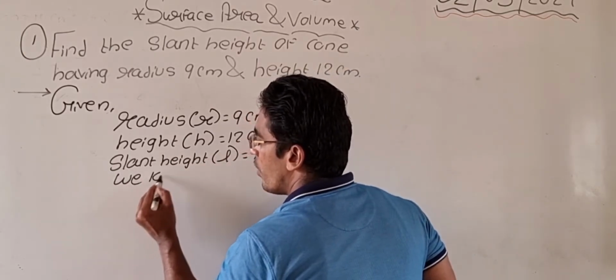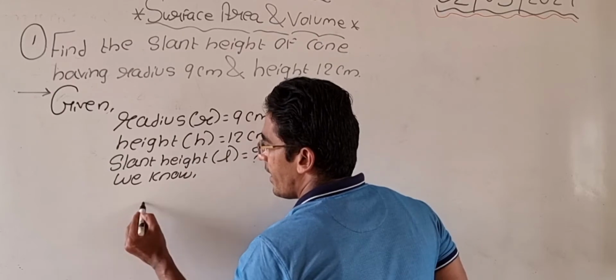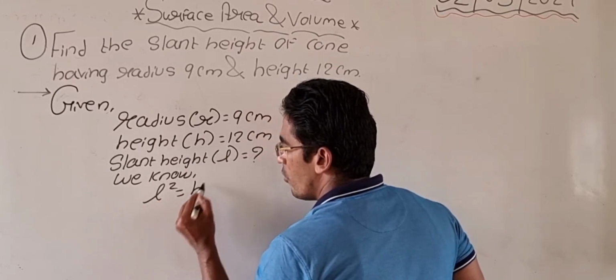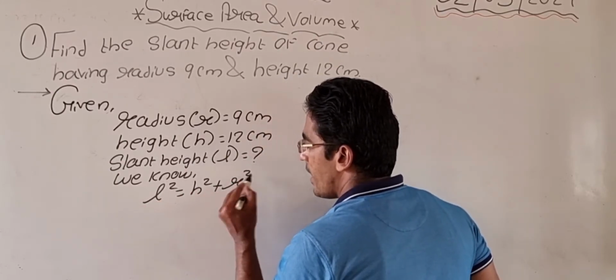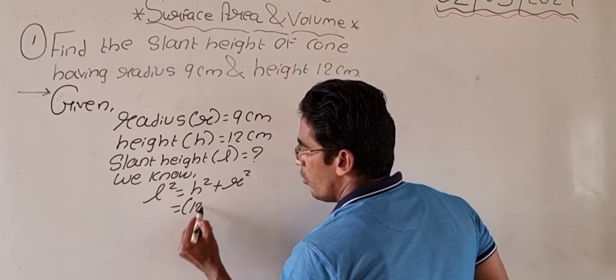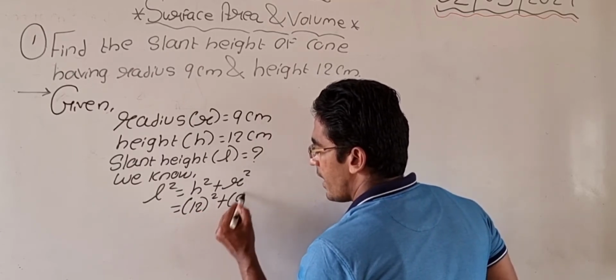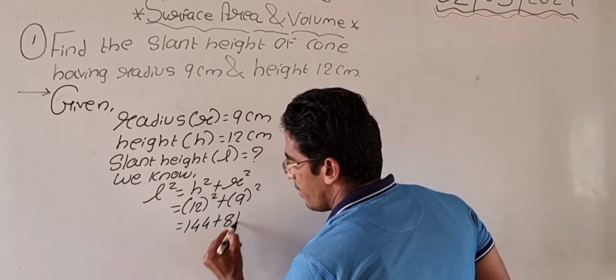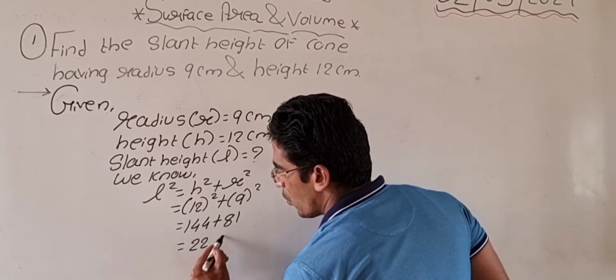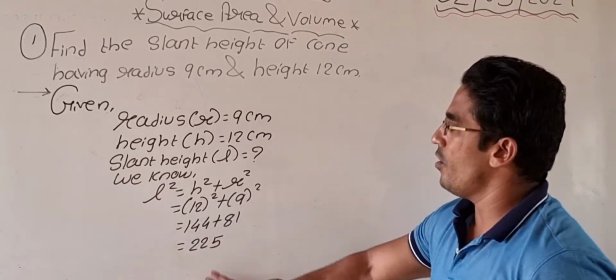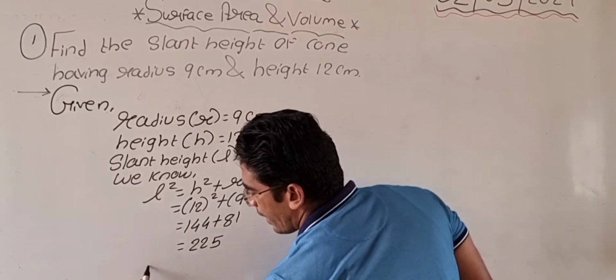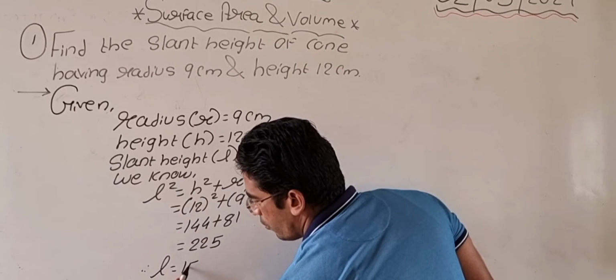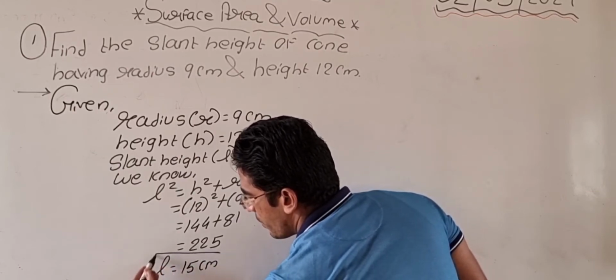Now we know the relation between l, h and r. l square is equal to h square plus r square, that is equal to 12 square plus 9 square, that is equal to 144 plus 81, that is equal to 225. I got the value of l square is equal to 225. Therefore, l is equal to 15 centimeter.